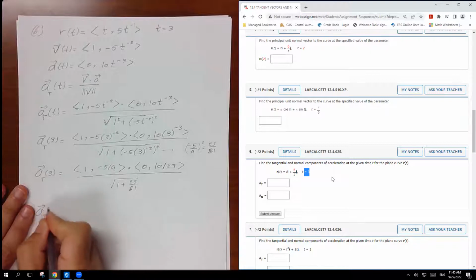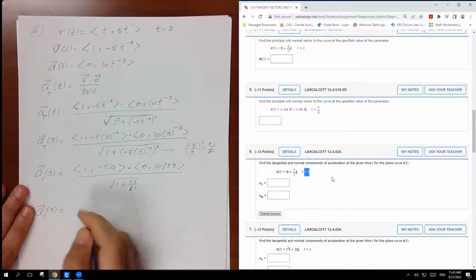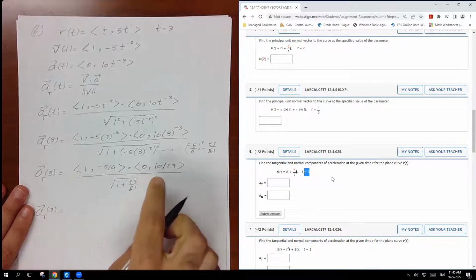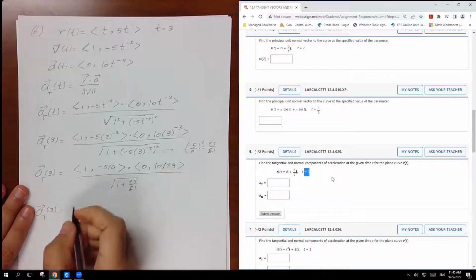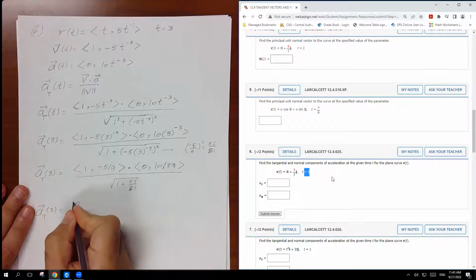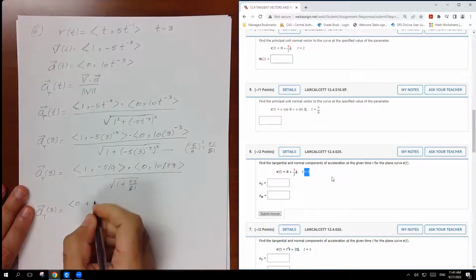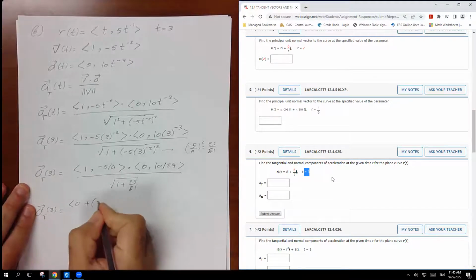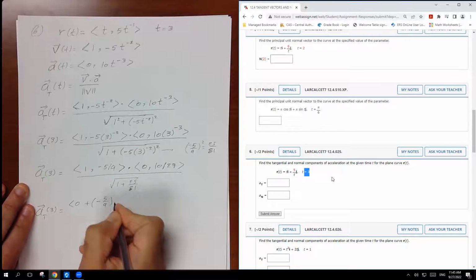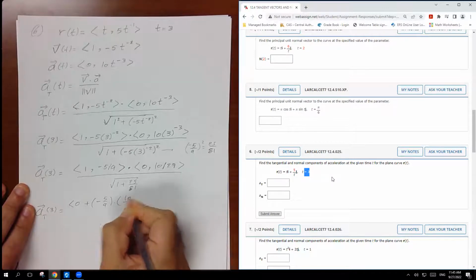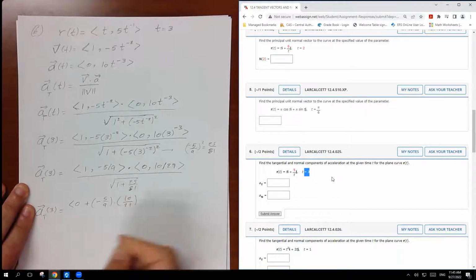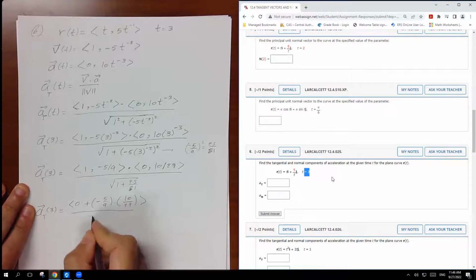A with respect to T at 3 is going to be 1 times 0, plus this one times this one. So 1 times 0 is going to be 0, and plus negative 5 over 9 times 10 over 27. And everything is divided by the square root of 1 plus 25 over 81.